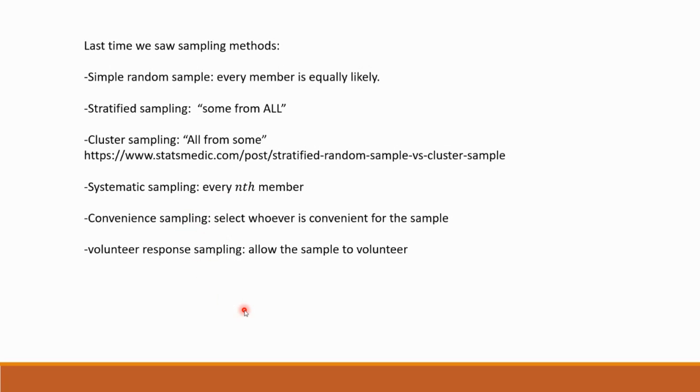With volunteer response sampling, I know what happens: the people who volunteer usually have strong opinions. But the problem is you're not getting the opinion of everyone. You're missing out on a lot of potential data. If you were to ask people what they thought of Trump and the governor, you're only going to get strong responses if you have volunteers. So there is bias in there.